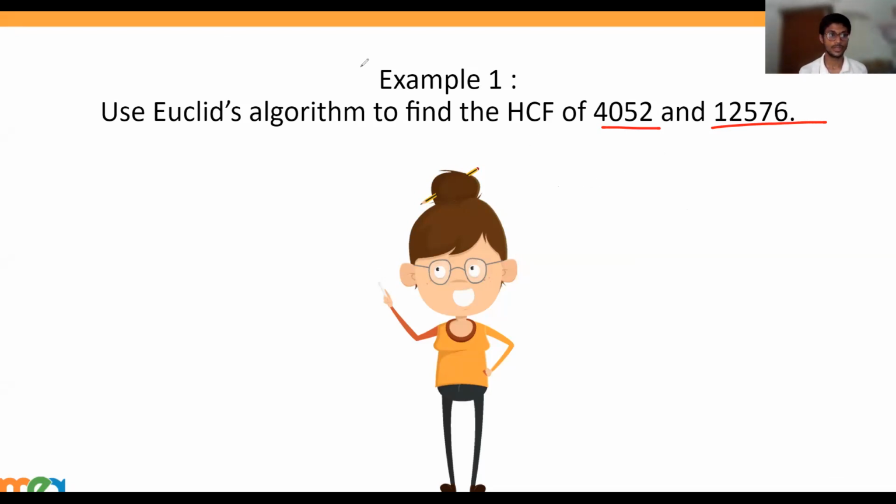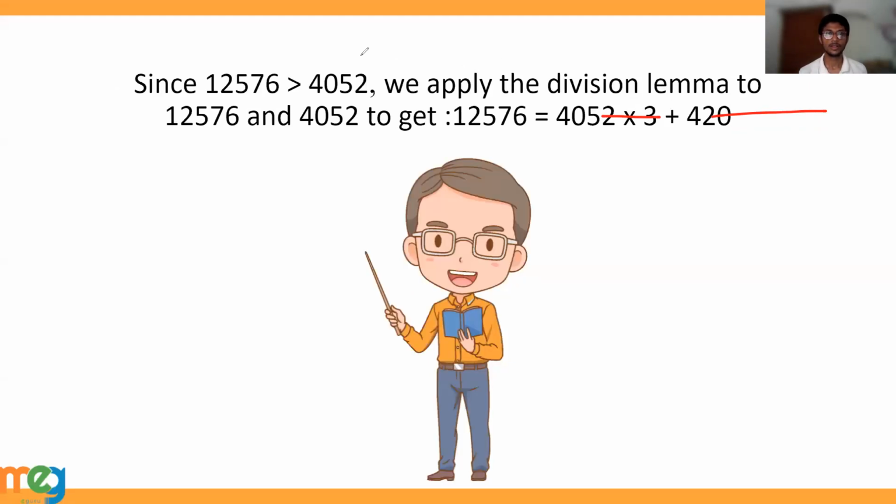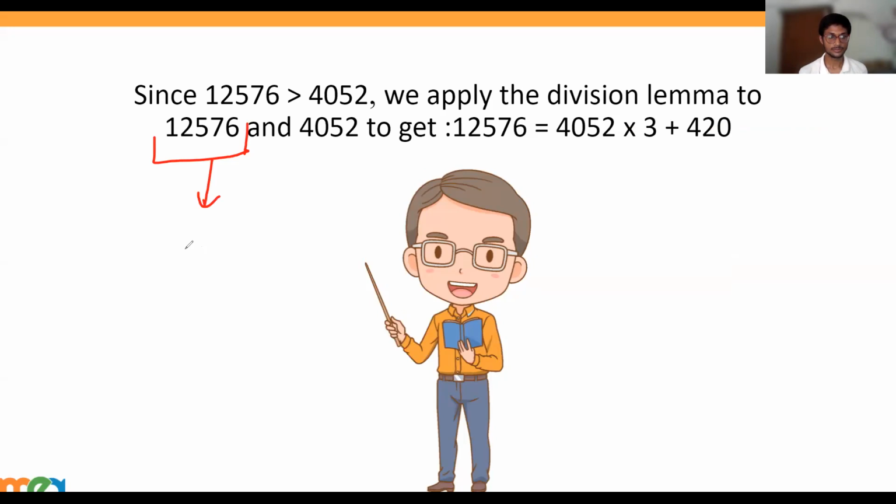At first, we have to check which one of these is greater. Clearly 12,576 is greater than 4,052. Now we apply Euclid's division lemma. The greater one will be assigned as A and the smaller one as B. We will divide A by B. This is our quotient and this is our remainder.